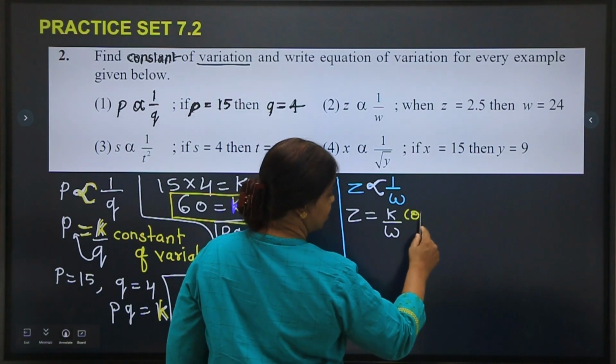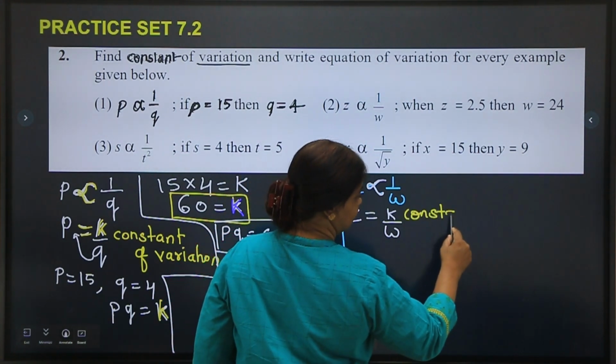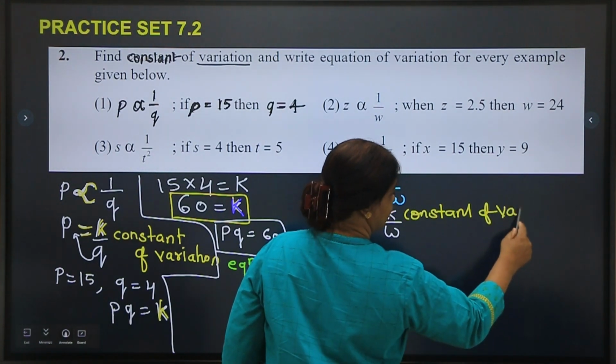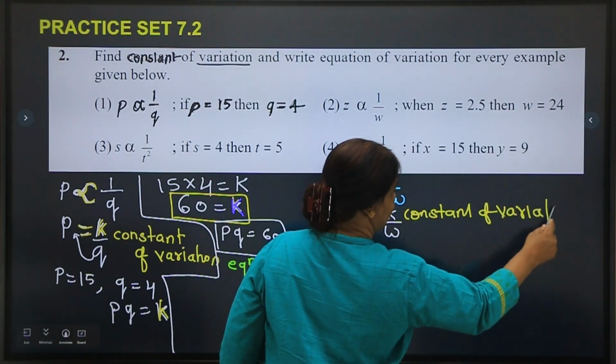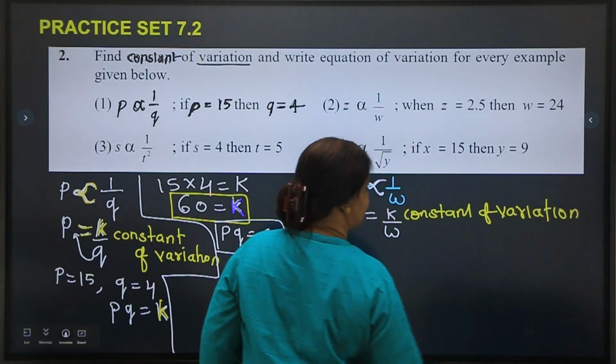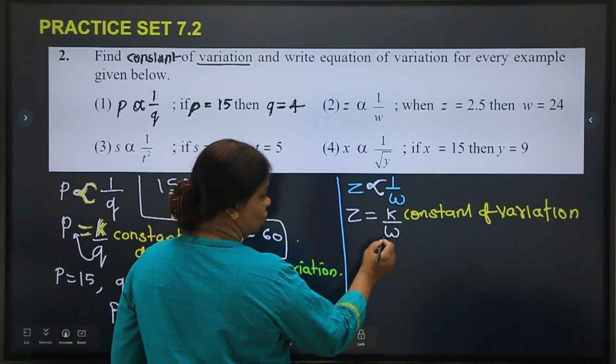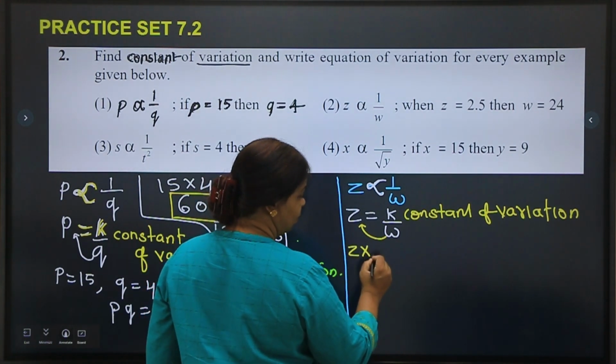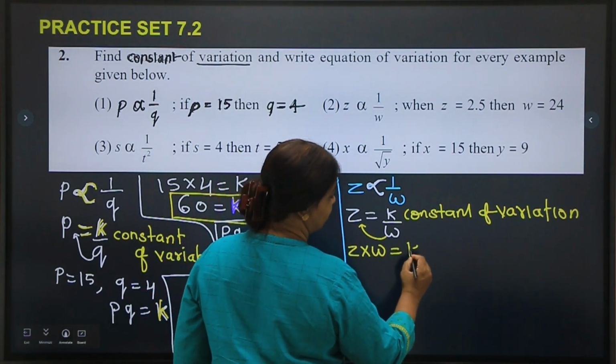Constant of variation. So, W and Z will get multiplied. Z into W is equal to K.